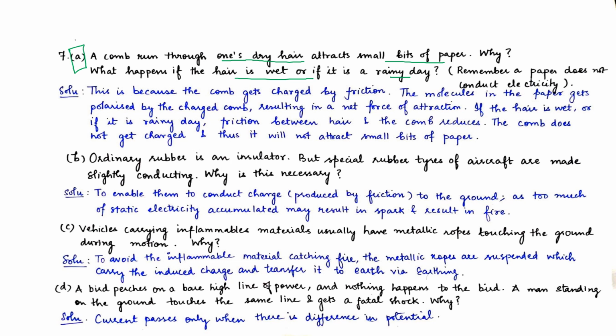So we are having two cases over here. One is dry hair and the other one is wet hair. In case of dry hair, we observe that the comb run through it attracts bits of paper, whereas in the case of wet hair, papers aren't attracted.